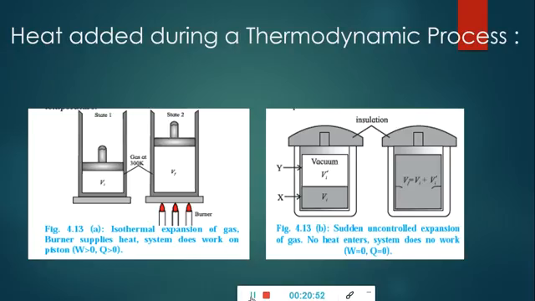Now the gas occupies the volume that was empty before the partition was broken. There is no exchange of heat between the gas and its environment because the cylinder is surrounded by an insulating material. So the final volume of the system after the partition is broken is Vf.